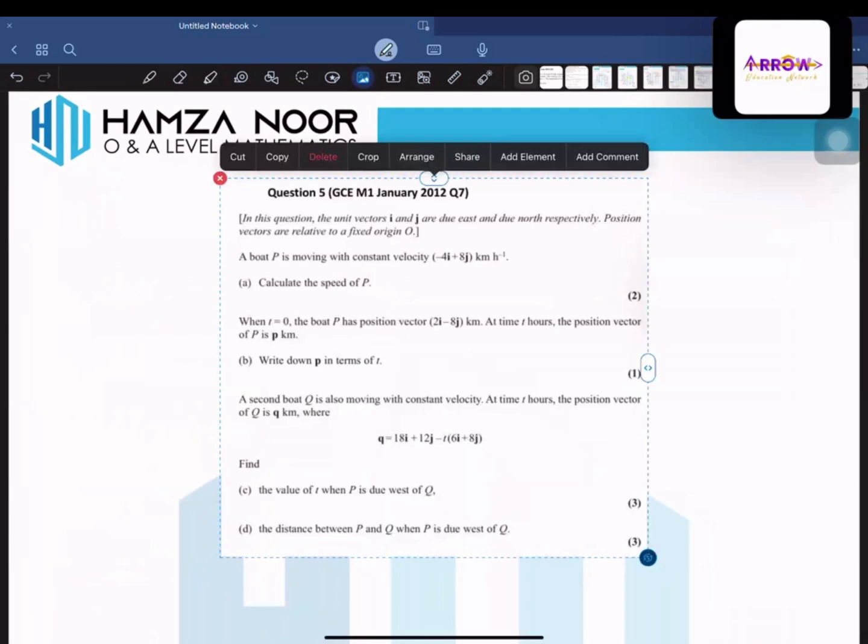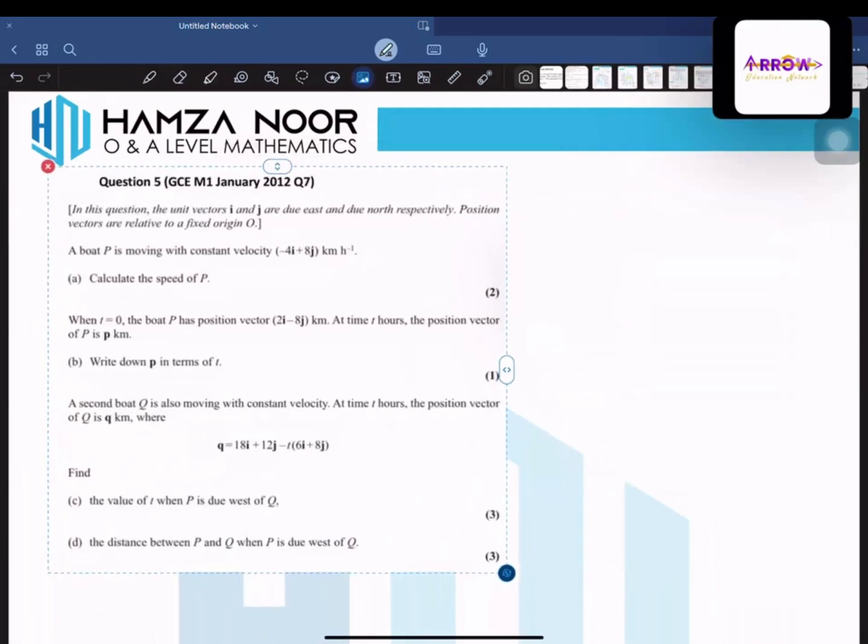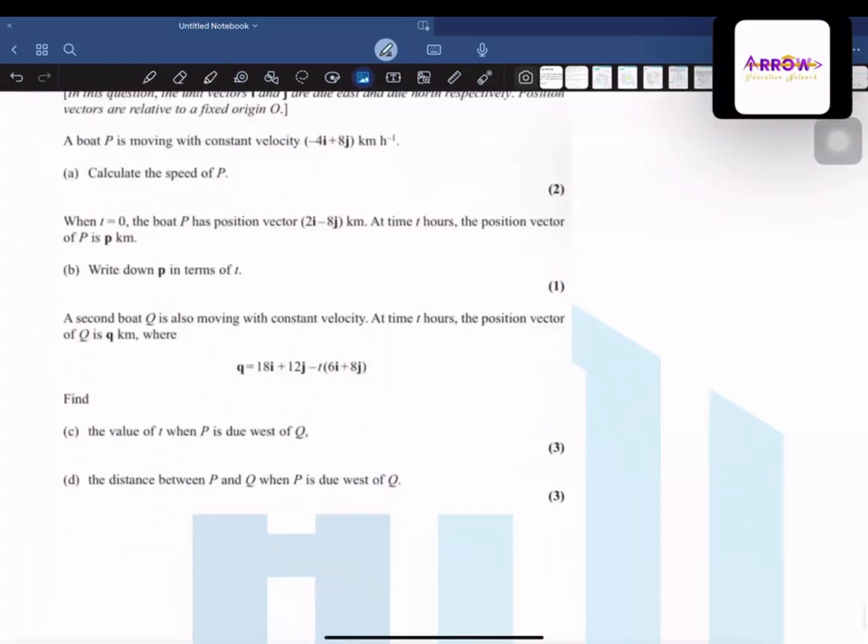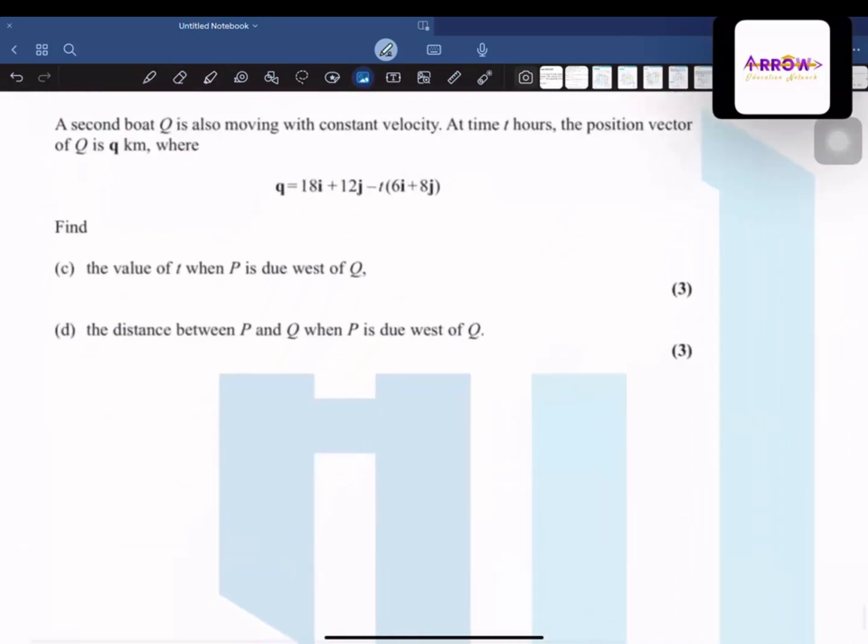So in part D, we need to find the distance between P and Q when boat P is due west of Q. What we know is that when boat P is due west of boat Q, the value of t is 5 over 4, which we have found in part C. So we are going to use this value of t.